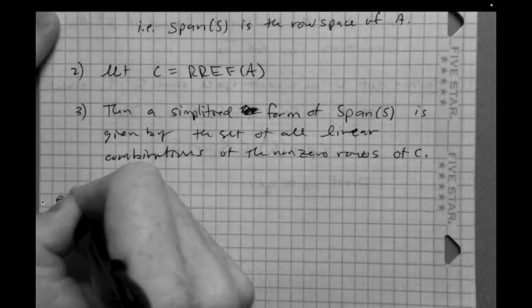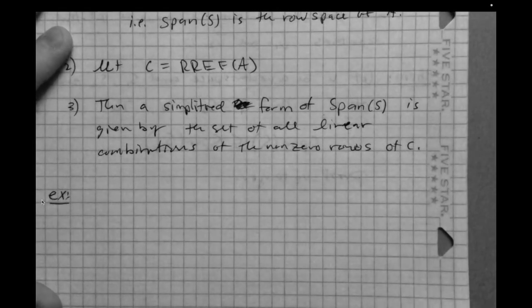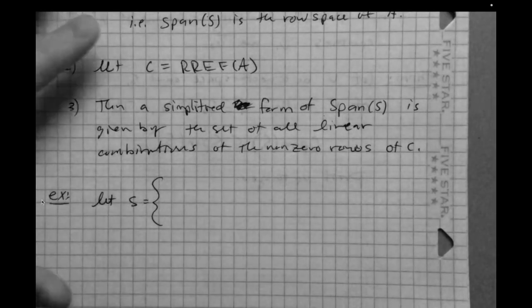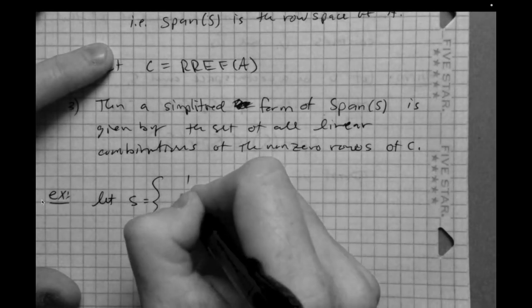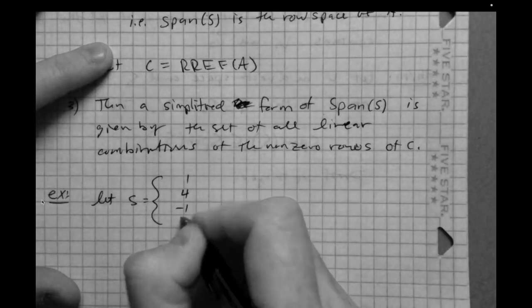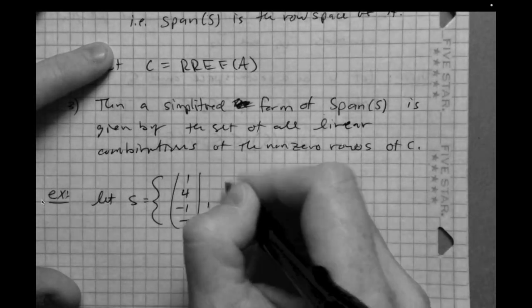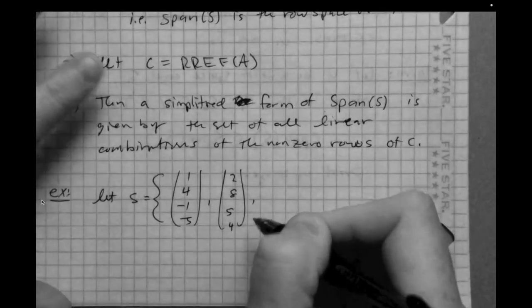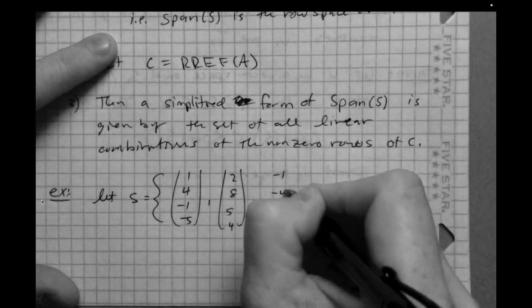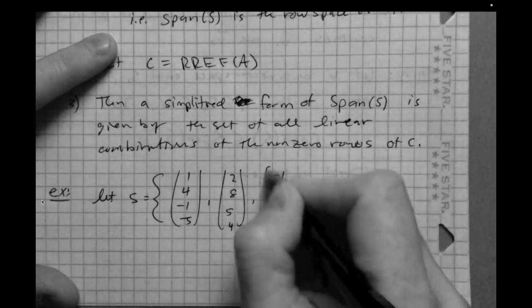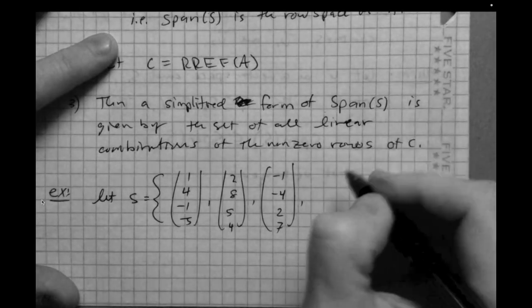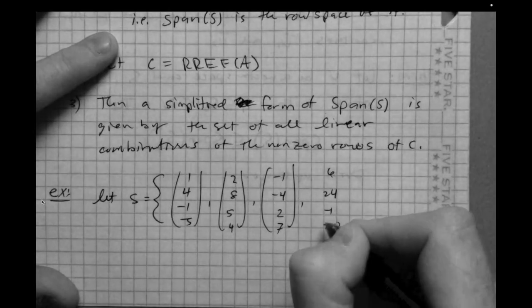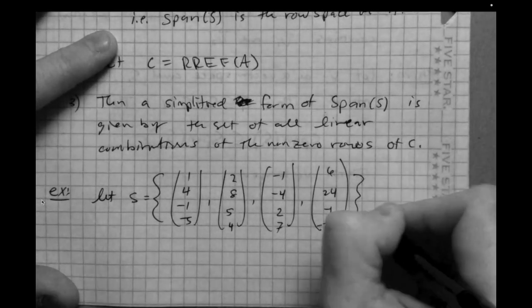Let's walk through an example here. I'm going to come up with 4 vectors in R4: 1, 4, -1, -5; 2, 8, 5, 4; -1, -4, 2, 7; and 6, 24, -1, -20.